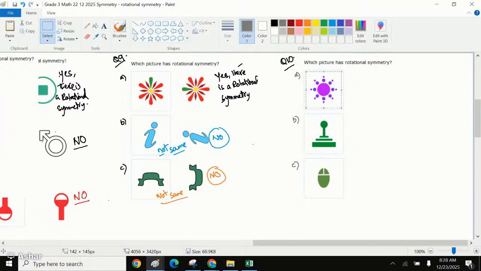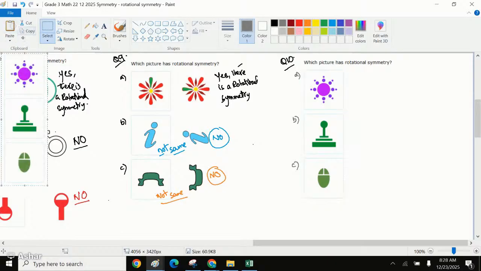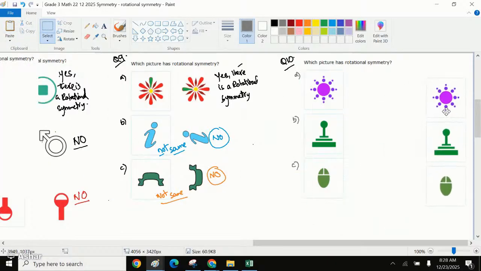If we are talking about line of symmetry in these cases, we will look at whether all these shapes have a line of symmetry, yes or no. Option A, option B, and option C, let's see if they all have a line of symmetry. Yes, in this case also.